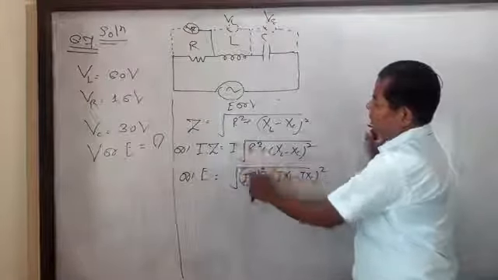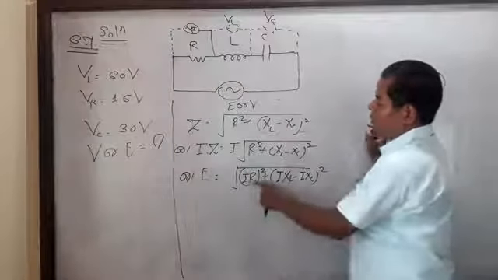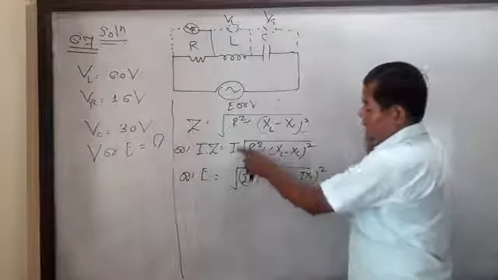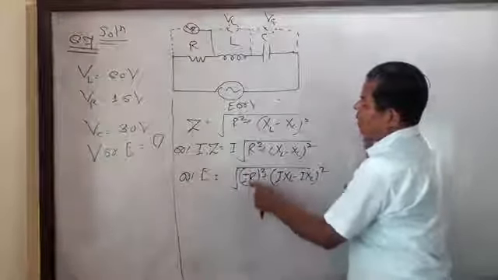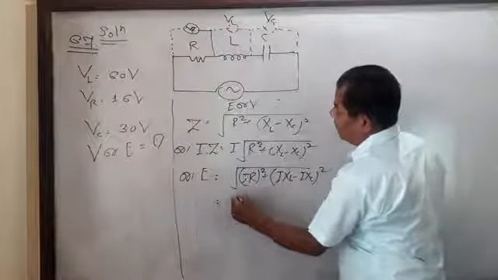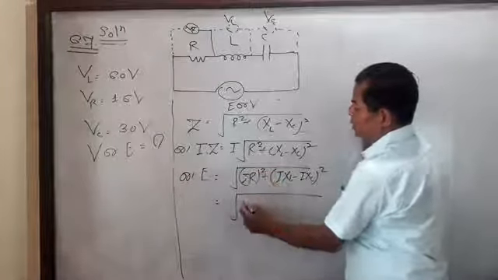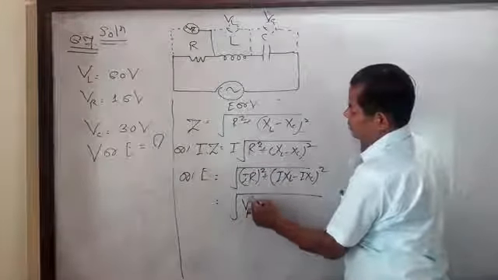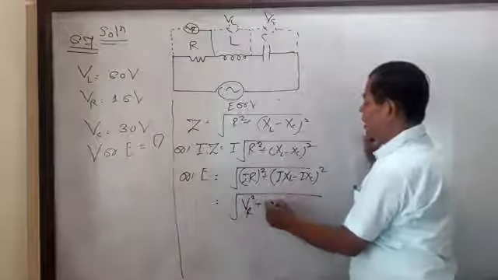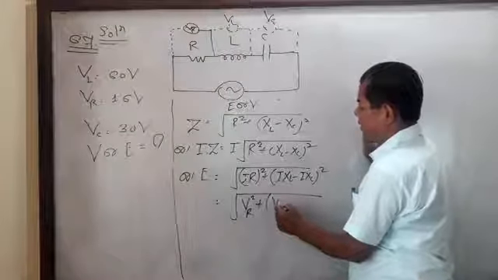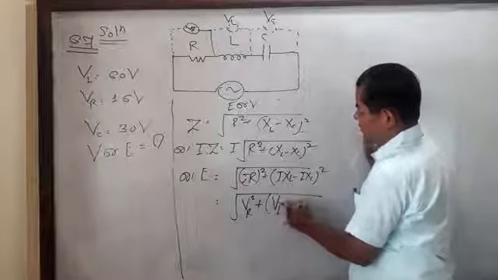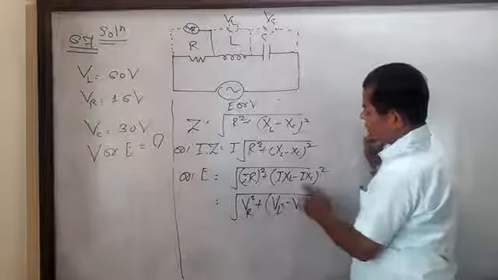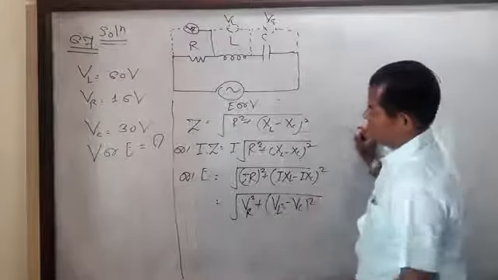The I goes inside the square root only when it is squared, inside the bracket. Then I into R is VR, I into XL is VL, and I into XC is VC.